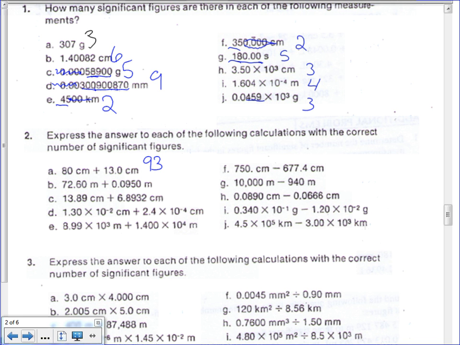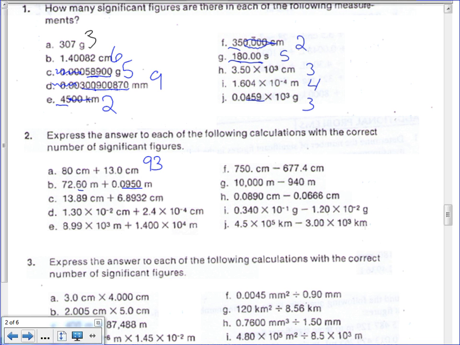On letter B, 72.6 has 1 place past the decimal. 0.0950 has 4 places. So we need to put this in our calculator. We get 72.695.